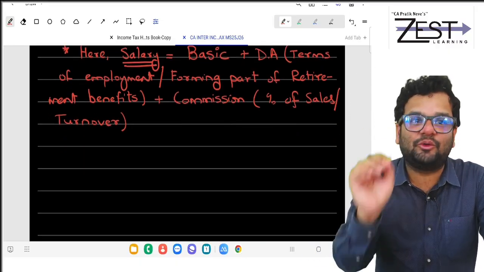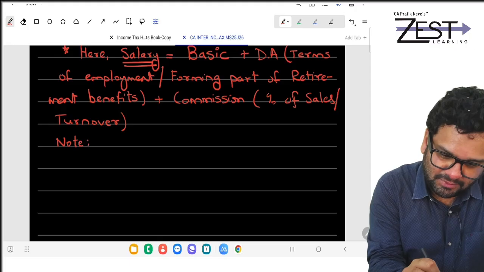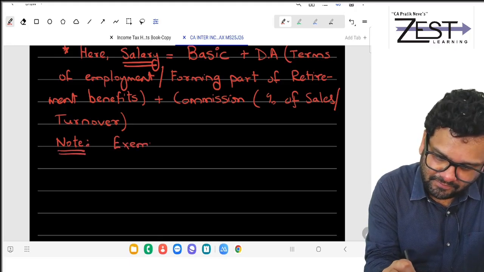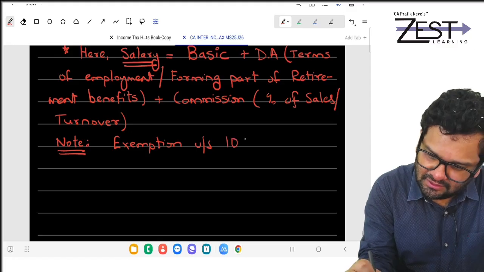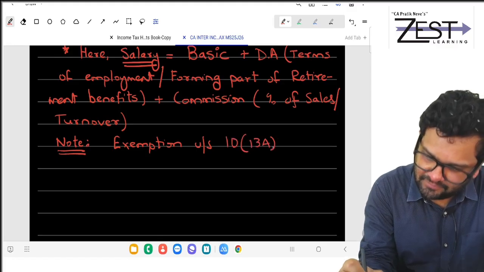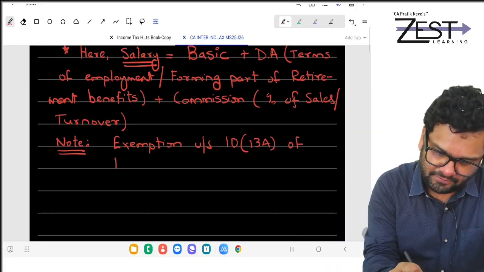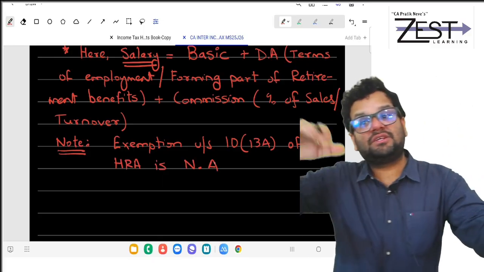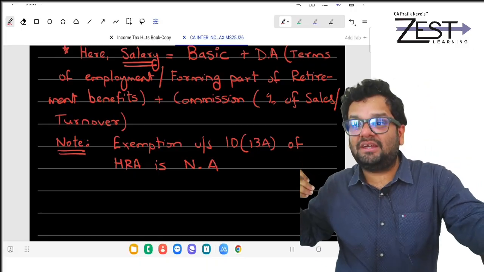So always I am going to say in the note this point, that this exemption, called exemption under section 10(13A) of HRA, is not applicable. So if you get any HRA, that will directly become fully taxable.